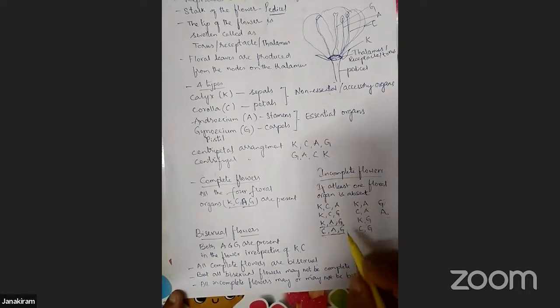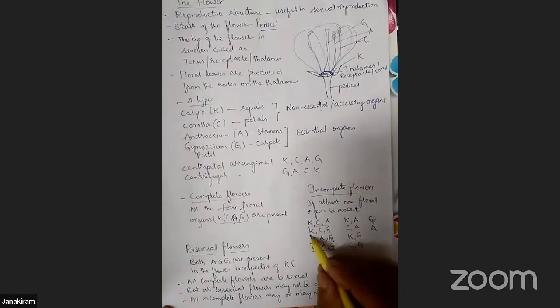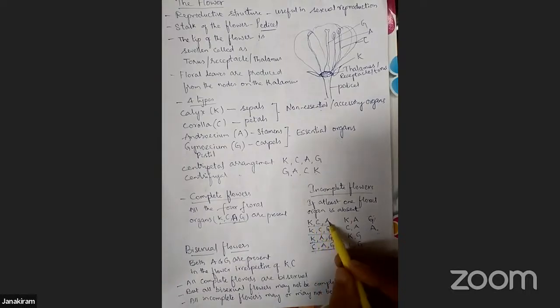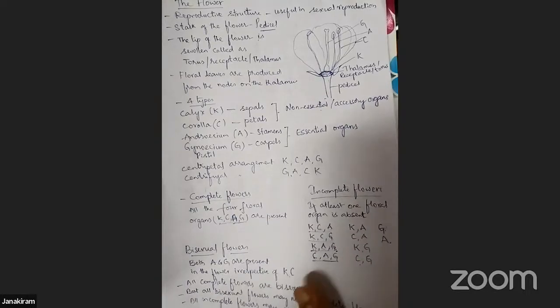Why? Because if I take this combination, these flowers contain calyx, corolla, and androecium. It is incomplete, but it is unisexual. And if I take this combination, calyx, corolla, and gynoecium, it is also incomplete but unisexual. So that means incomplete flowers may or may not be bisexual. Sometimes they may be unisexual, sometimes they may be bisexual also.